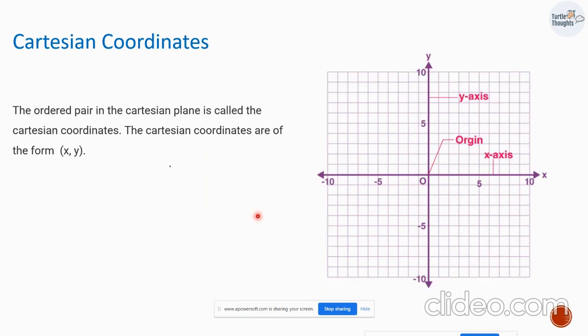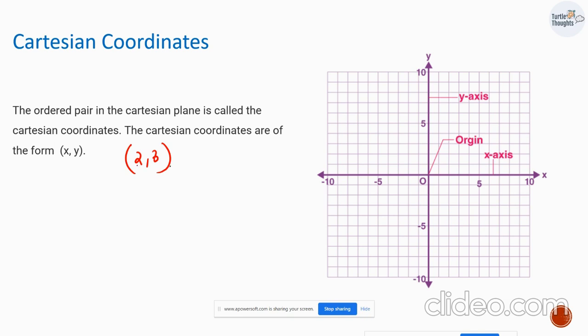All right. Cartesian coordinates. What are Cartesian coordinates? The ordered pairs in the Cartesian plane are called Cartesian coordinates. Cartesian coordinates are always in the form of x comma y. So if I write any two numbers, for example 2 comma 3, what does it mean?